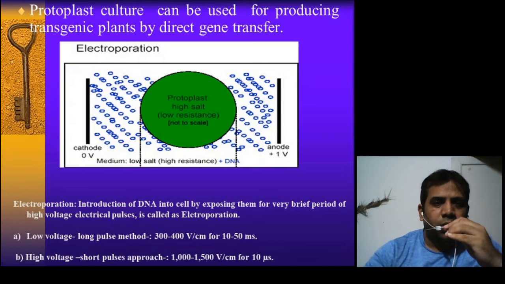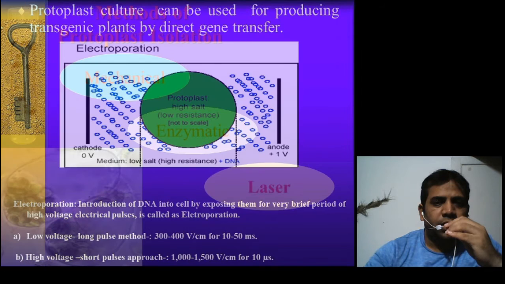In another method, electroporation, the protoplast is kept between two electrodes, surrounded by nucleic acid or foreign DNA, and once the current is passed, the nucleic acid directly enters the protoplast. So these are the two techniques of direct gene transfer.